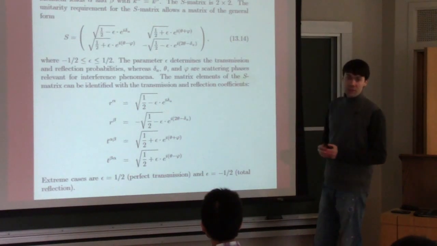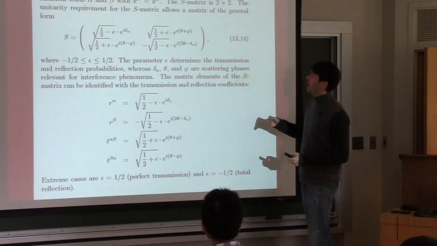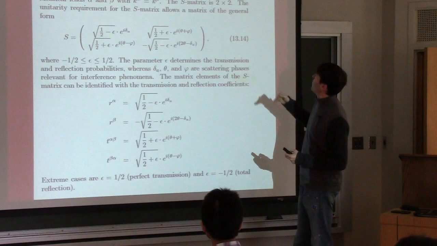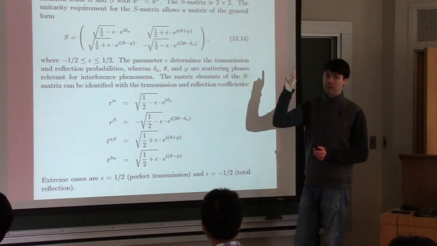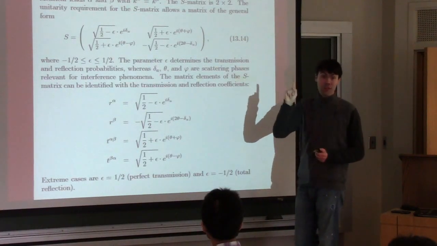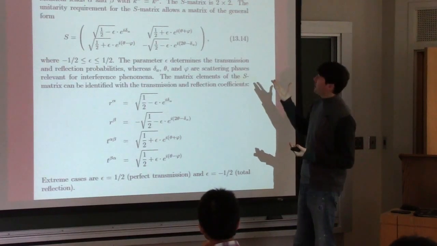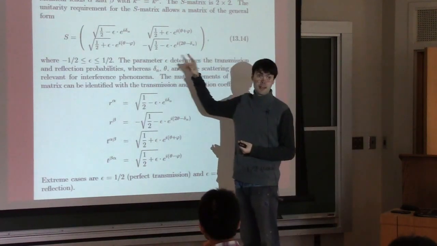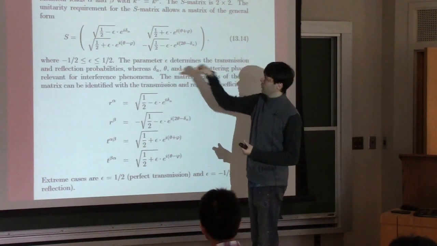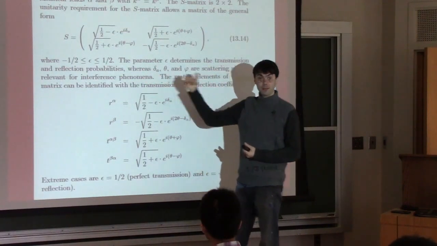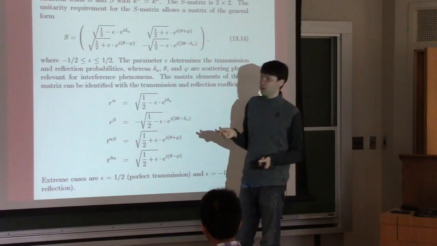The book of Thomas Ihn, Semiconductor Nanostructures, gives this very nice example. If we just consider an S matrix, so the scattering matrix, for a single mode problem, like in a QPC with one mode, but some finite transmission, then the S matrix has 4 elements exactly, and the diagonal ones will be the reflection from the left back and from the right back, and the off-diagonal ones will be the transmission amplitudes.